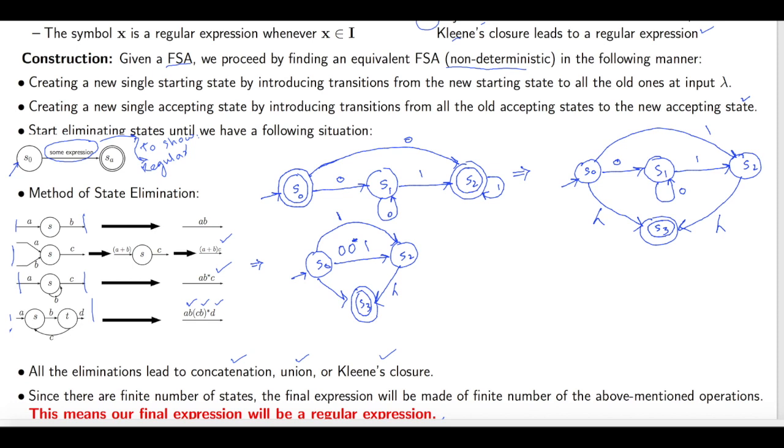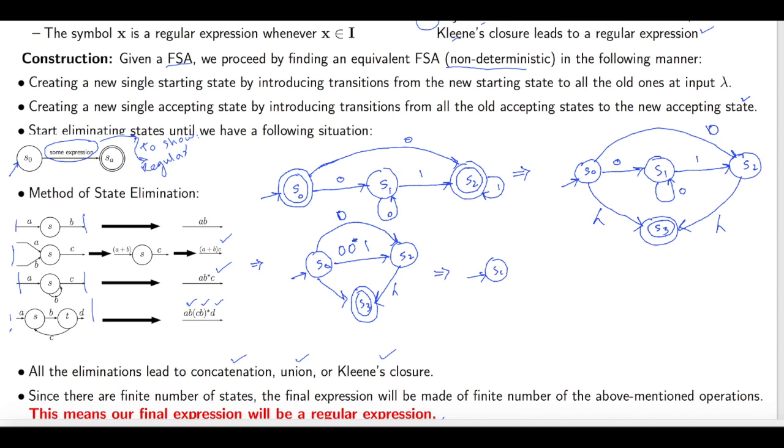Okay, so this is the situation right now. Now what to do? Sorry, this should be 0, not 1. Now going from S0 to S2 I have two paths. I can go by 0 or I can go by 0, 0 star, 1. So this is the situation where I have two paths going to S2, where A and B are there. So this means they are unioned, or the plus operator is used. So what I'll do is this.